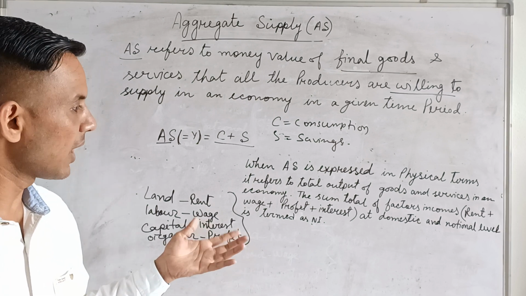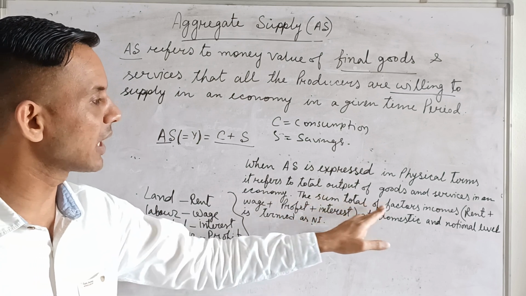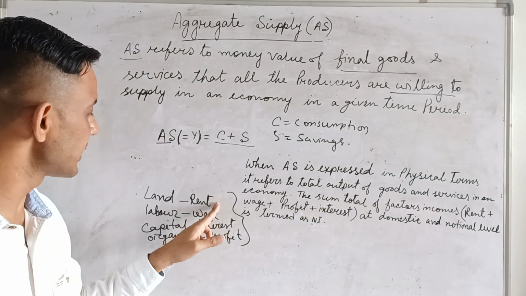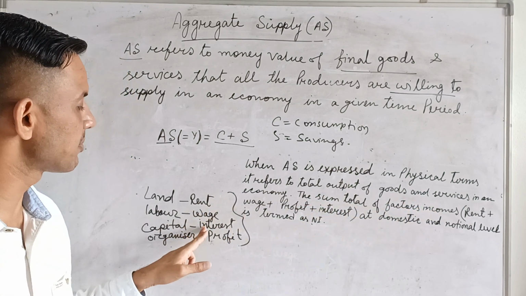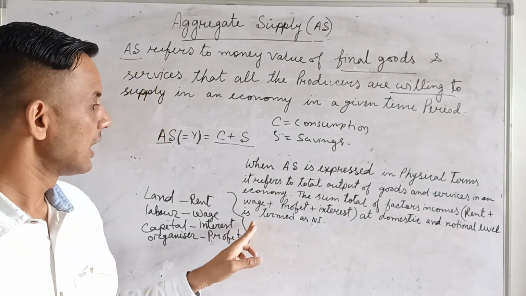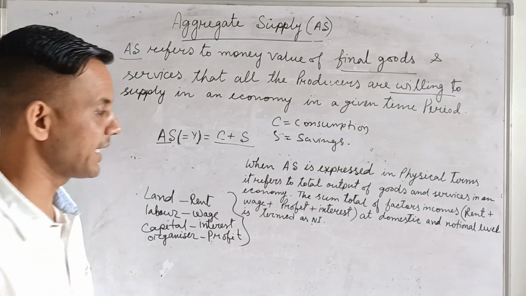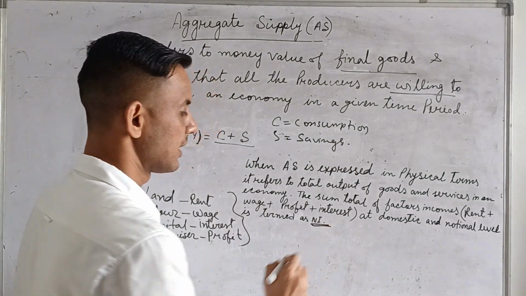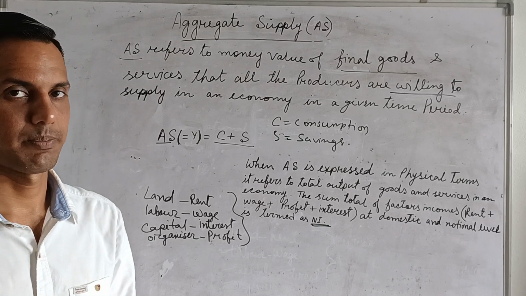Now you see, the sum total of factor incomes, that is rent plus wage plus interest plus profit, at domestic and national level is termed as NI. NI means national income.